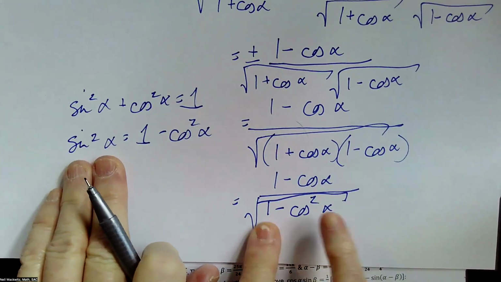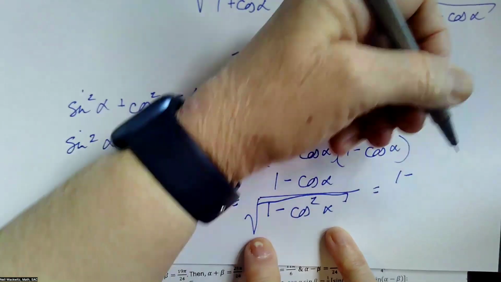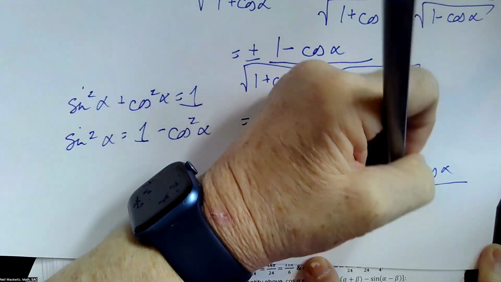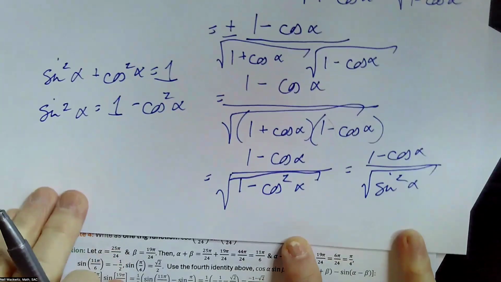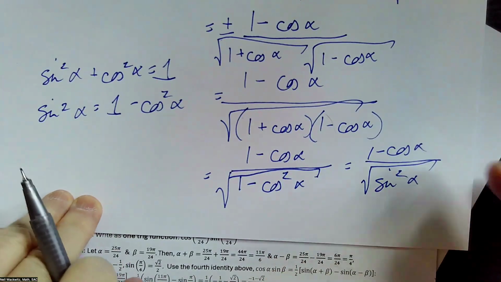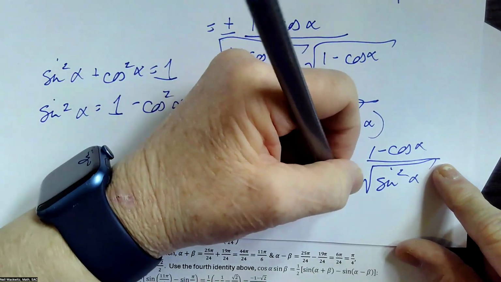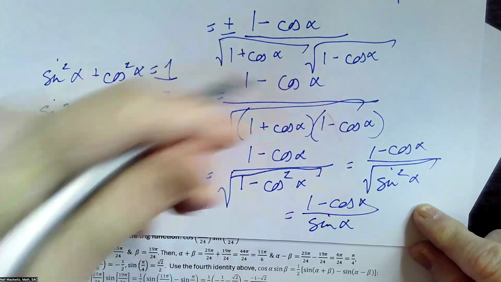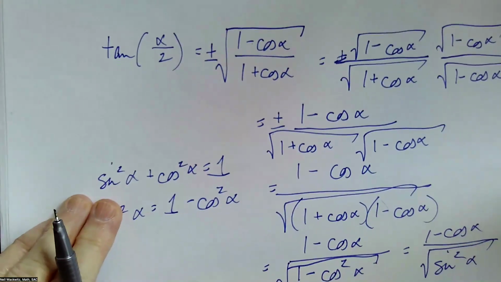Oh, okay, so this whole thing in the denominator is sine squared alpha. And the square root of the square is just itself. So I get that the numerator is 1 minus cosine alpha, and the denominator is sine alpha. So that's one of the alternate forms for tangent of alpha over 2.